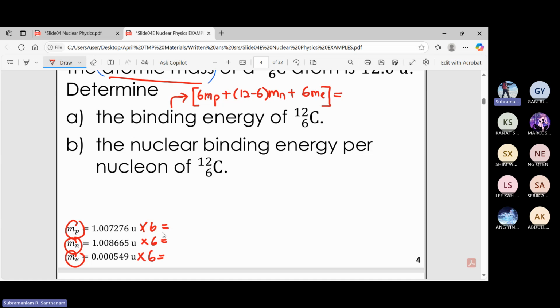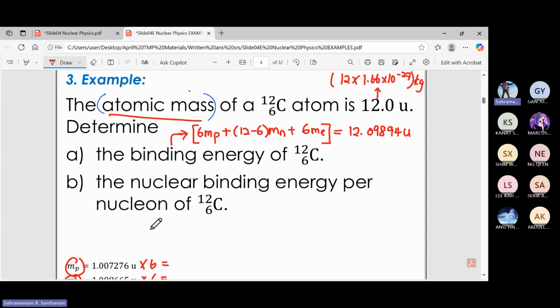I'll write the answer. When you work it out, it should be 12.09894 U. That is the mass of the proton, neutron, electron when you add up separately.